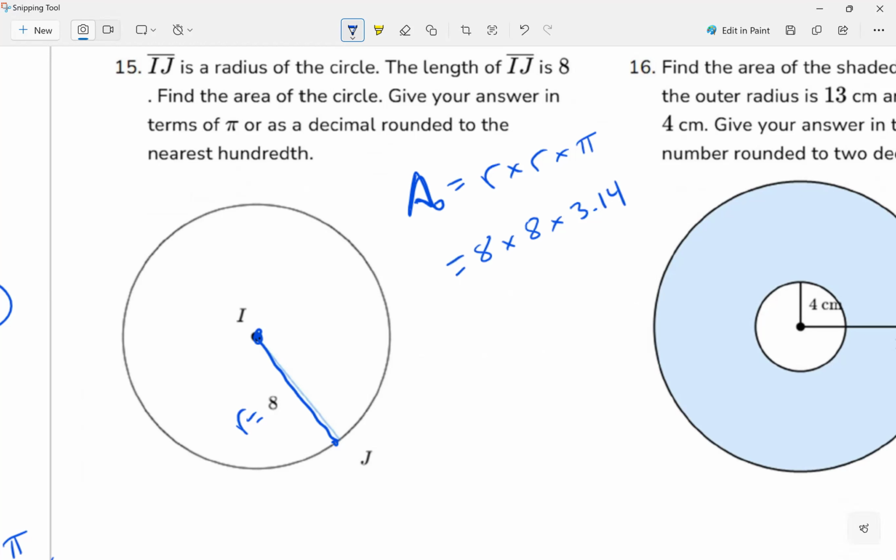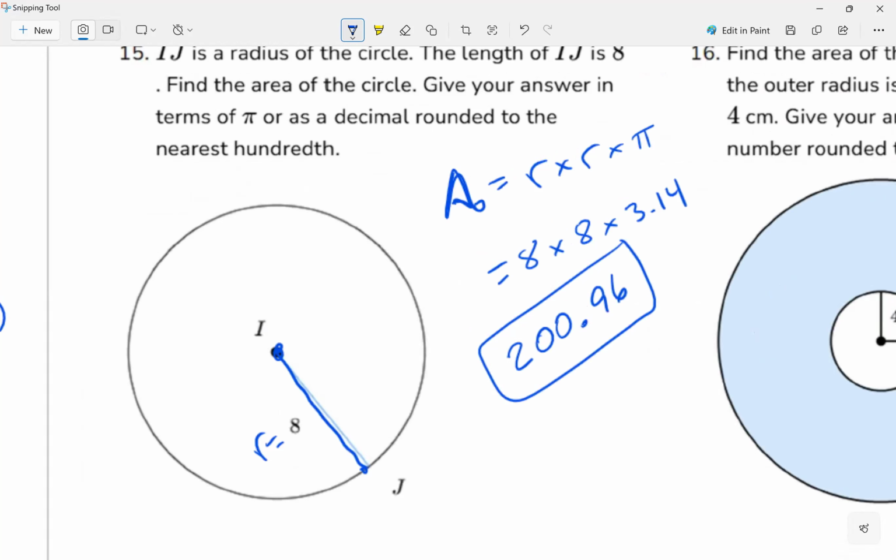If you use the pi symbol, that's fine, but I'm gonna use 3.14. So according to my calculator, I'm gonna get 200.96. Okay, that's good. If you were to use the pi symbol instead of the decimal 3.14, your answer will be 201.06. Again, I say both answers just in case you're using the pi symbol.